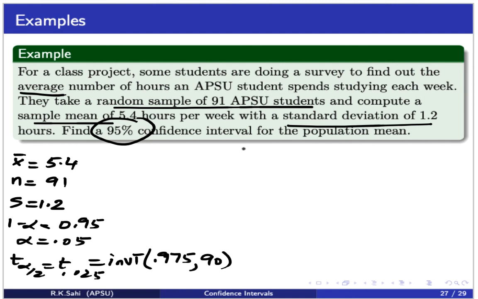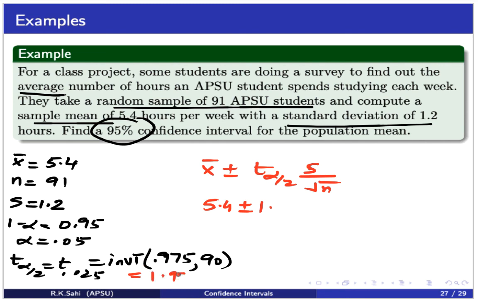Okay. Now, let's write down the formula. We have to just plug in now. X bar plus minus T alpha by 2. The standard error is sample standard deviation over square root of n. Let's plug in the numbers. 5.4 plus minus T alpha by 2. When you put these values, you are getting it to be 1.986 times s, which is 1.2 over square root of 91.